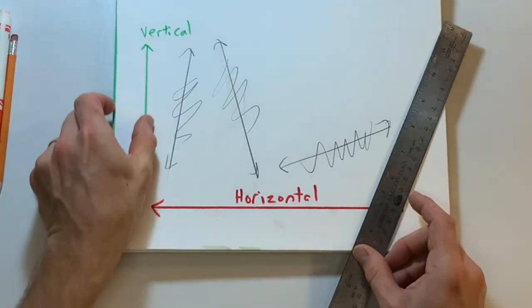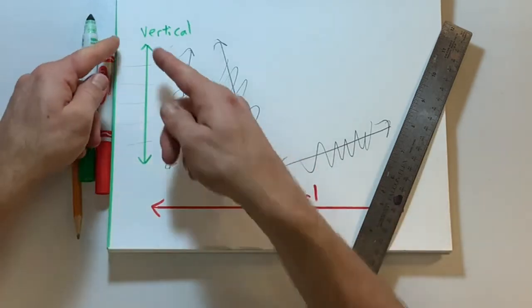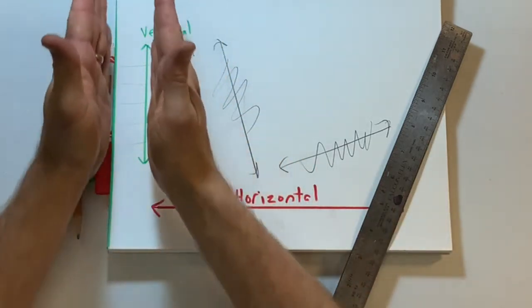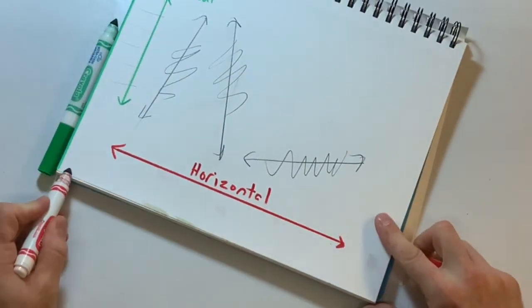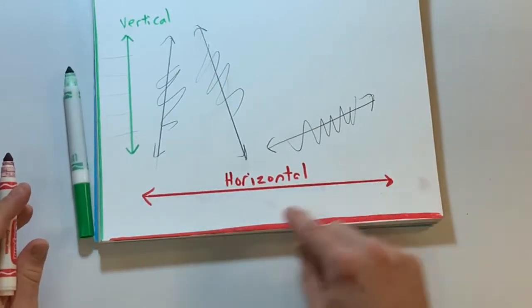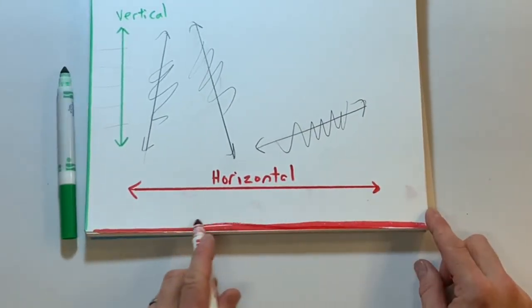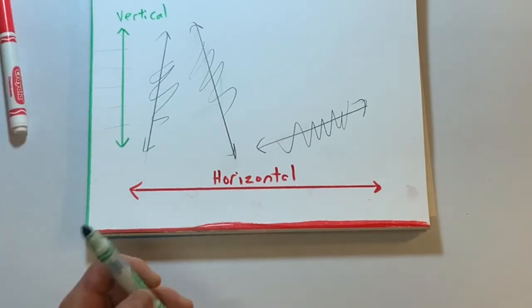If these look like train tracks, then it's perfect. If those two lines will never crisscross, it's a perfectly vertical line. If you look here at the bottom edge of your paper, and you compare this line to the bottom edge, you know that it's horizontal. If you can remember those things, this will be very, very easy for you, this lesson.